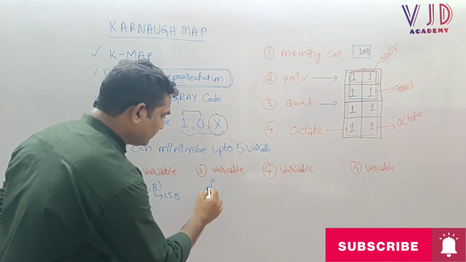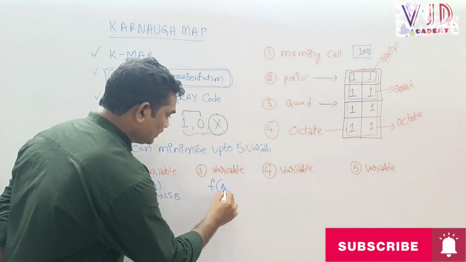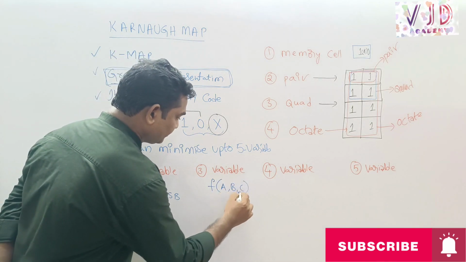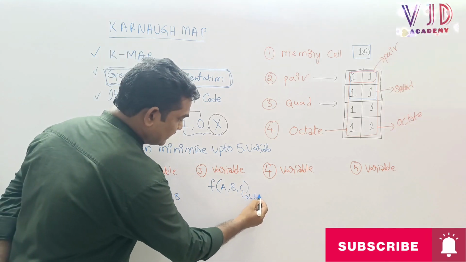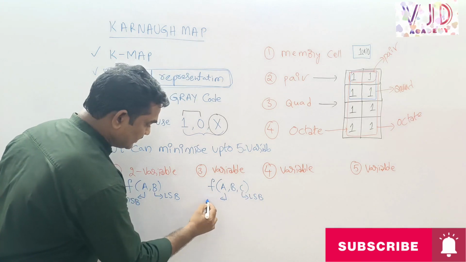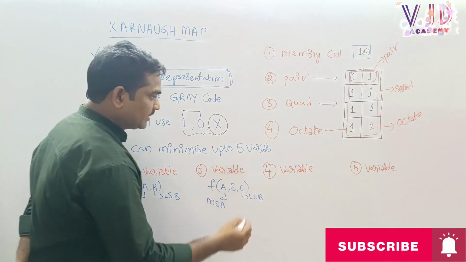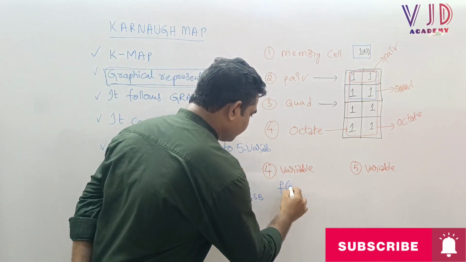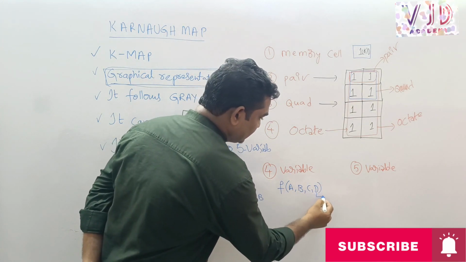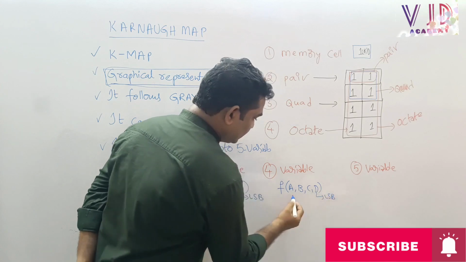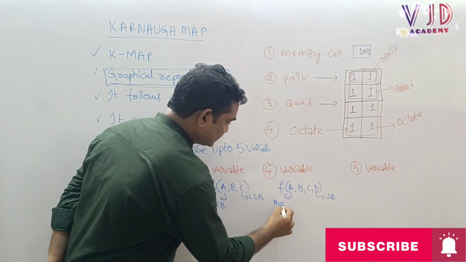Here for 3 variables, the function is f of a comma b comma c, and here LSB is c, and a is MSB. And coming to 4 variables, f of a comma b comma c comma d, and here d is LSB, and a is MSB.